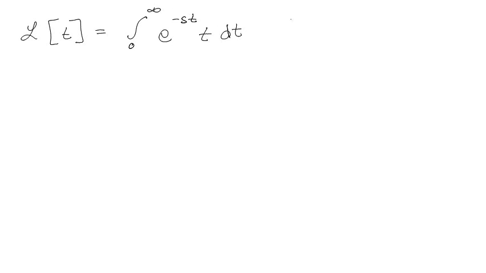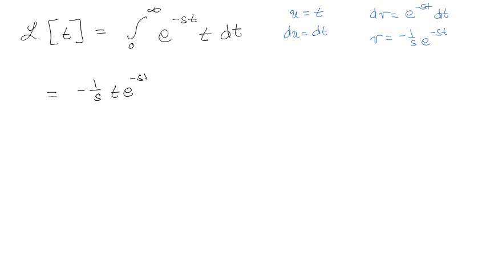What I end up having to do is a u-substitution, or integration by parts. So I've got u equals t, du equals dt, dv is e to the minus st dt, so uv, I write this in a funny order, t times e to the minus st over minus s, evaluated from 0 to infinity, minus the integral of 1 over minus s, e to the minus st dt from 0 to infinity.